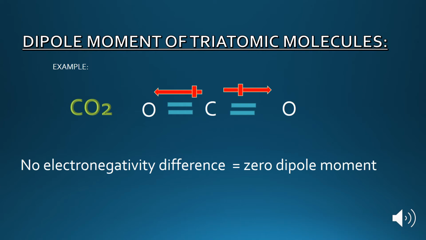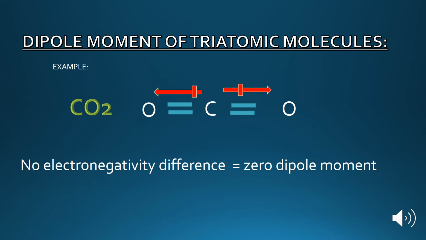So friends, in the case of carbon dioxide, the dipole moment is equal to 0. Why? Because both have the same magnitude and act in opposite directions. Therefore, carbon dioxide is a non-polar molecule with a zero dipole moment.